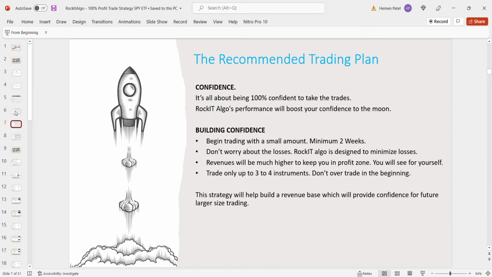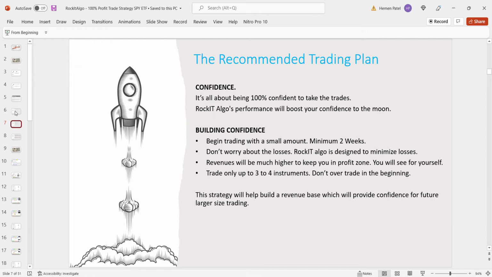What we did was we did small trades in the beginning for a minimum of 2 weeks, got our feet wet, and gained the confidence to really click the buy and sell button when we had to. Don't worry about the losses. The algo takes care of the losses and helps minimize them for you.